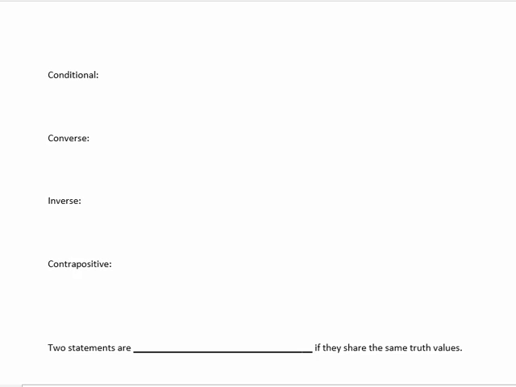Okay, now this is something else one might have encountered years ago in high school geometry. When we talk about PQ statements, this is usually what we're thinking of as the conditional, converse, inverse, and contrapositive.